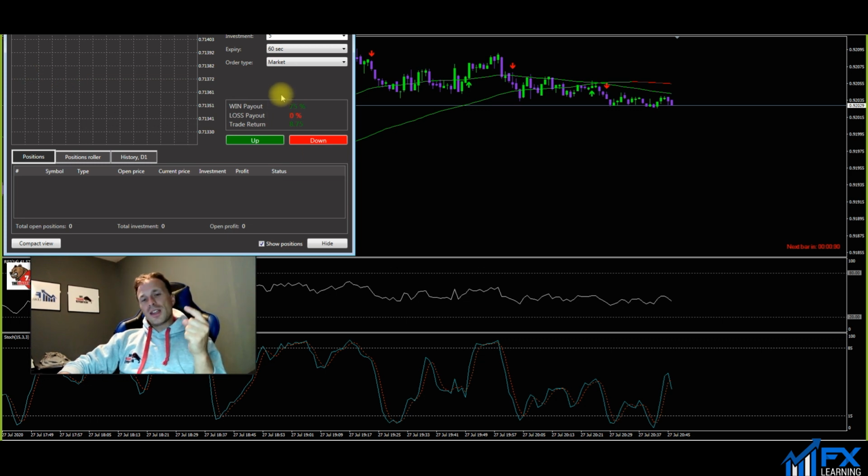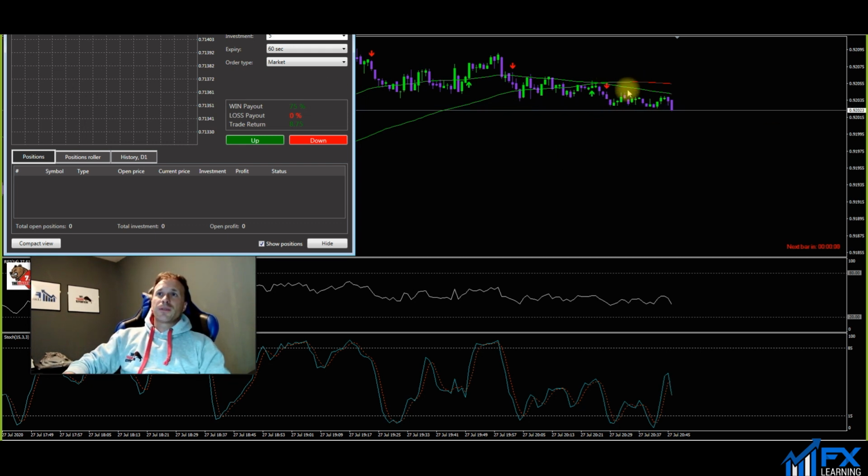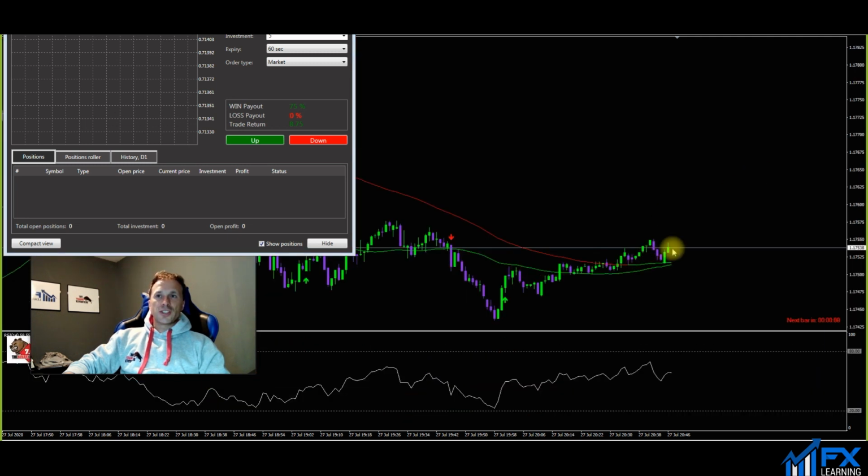But what is interesting, okay, is a thing called correlating pairs. So when one currency pair goes up, another currency pair goes down. So they kind of work in opposites of one another. Now, a prime example of this is USDCHF and EURUSD. Okay, notice how USDCHF is going down like this. Okay, EURUSD will be going up, as you can see here.